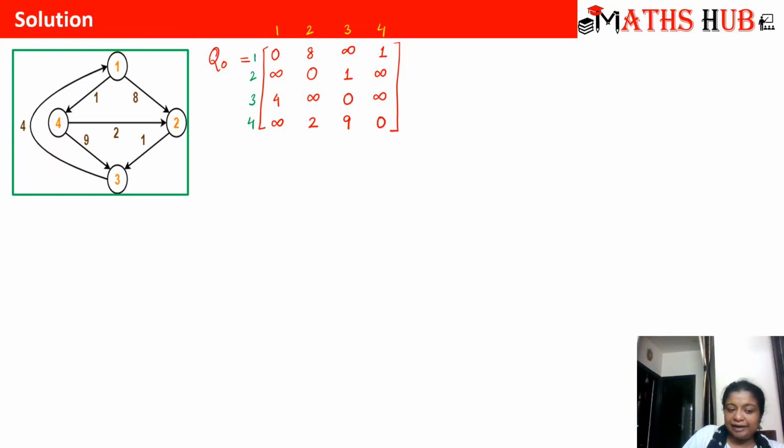So how will I get the matrix Q1? And in Q1, which entries are going to change? When we talk about Q0, I'll just mark this.